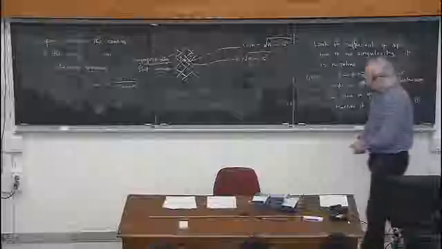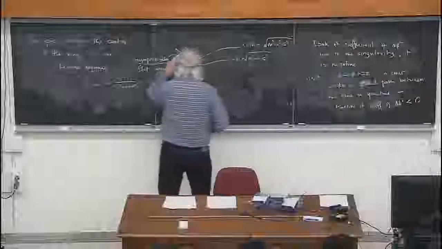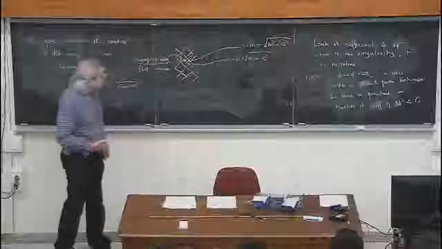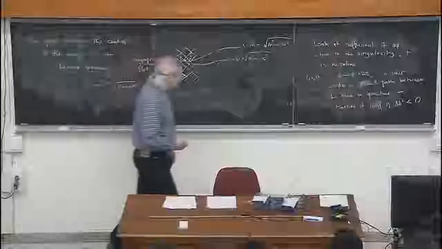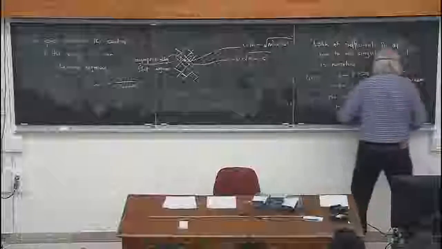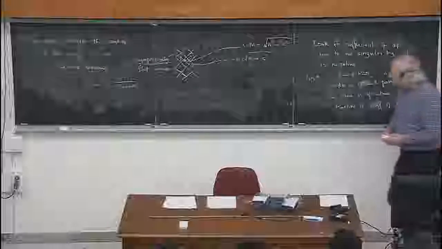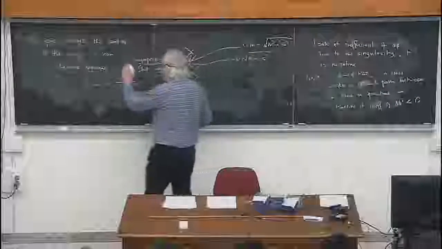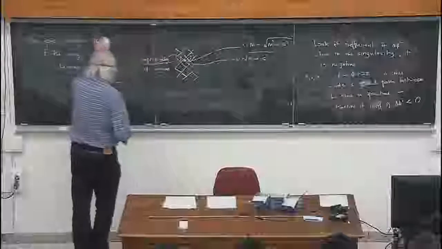That means that close to the singularity, somewhere in here, there will be a region in which there is causality violation. Moving along a closed time-like path between the same point in space-time leads to all kinds of paradoxes.